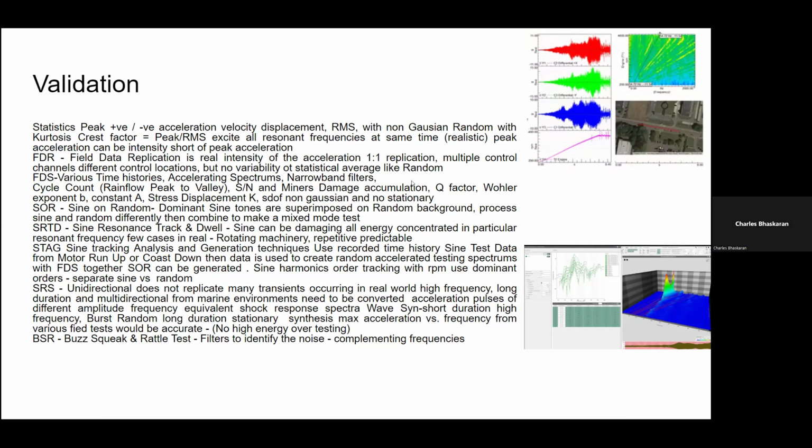Miner damage accumulation is something that a lot of people do. So we categorize each frequency and what kind of damage we get, and then we accumulate all the damage. There are some Q factors and different constants that we use.